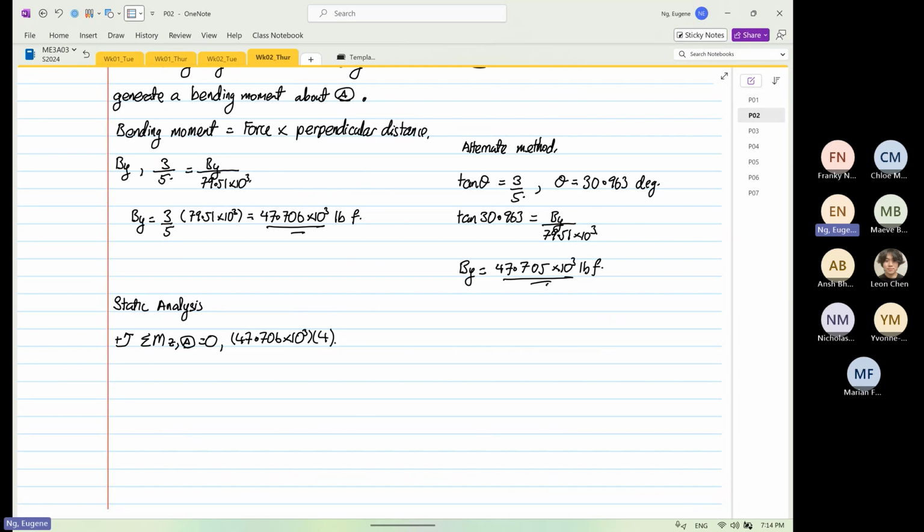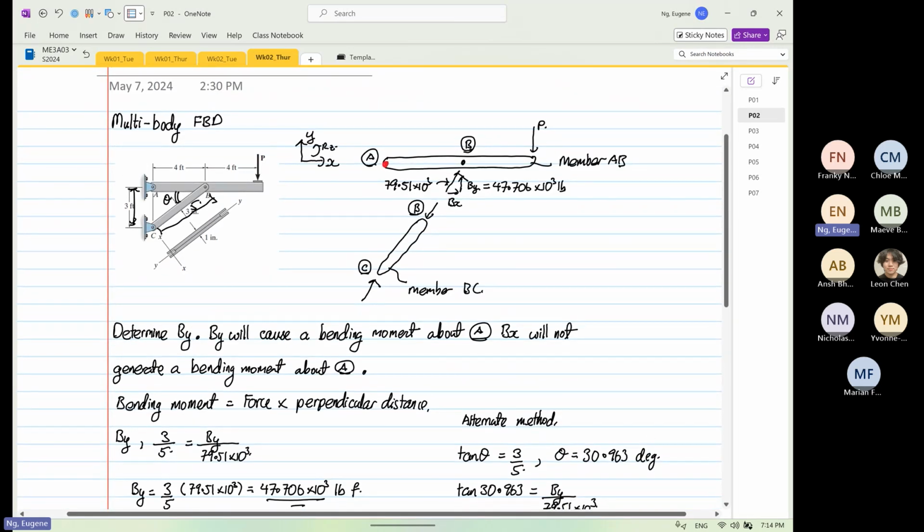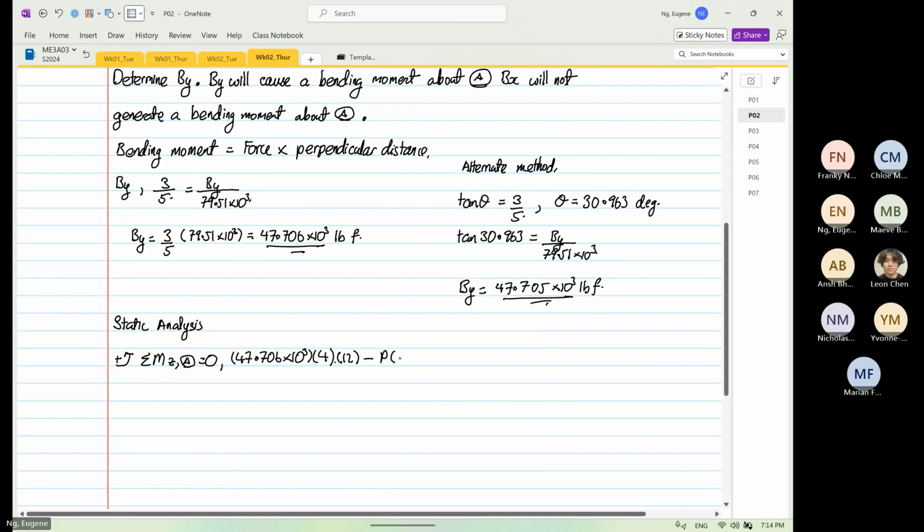Now down here, you don't need to change to inches because both distances we are going to use in feet. Okay, so you're fine, but I'm not sure, so let me change everything to inches. And then minus P multiplied by the perpendicular distance, which is 8 multiplied by 12.